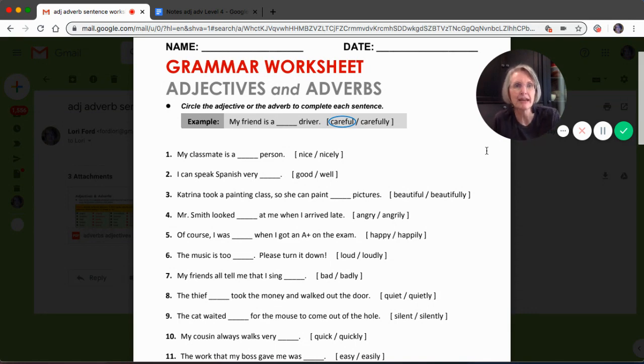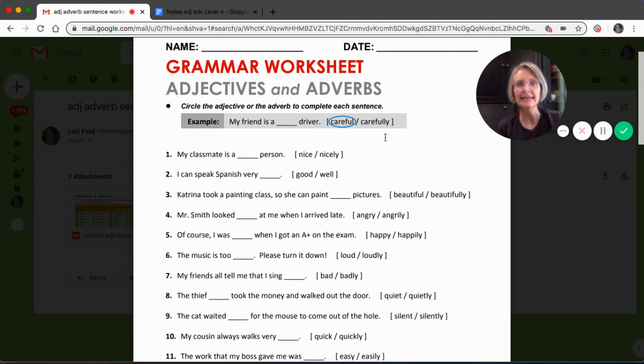Okay, my friend is a something driver. So here you can see that that blank is talking about my friend, and friend is a noun. It's a type of person, right? So that's why they chose careful. Careful is an adjective. My friend is a careful driver.